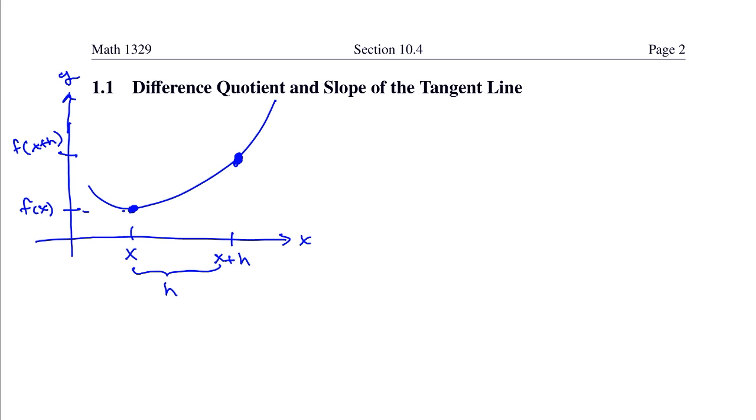Now, the key here is that the x plus h is all in the parentheses. You're taking the y value at the point x plus h. So it's all inside of that parentheses. All right, now, what we're going to do is we're going to find the tangent, the secant line, rather, that goes through there. So we want the slope of the secant line.